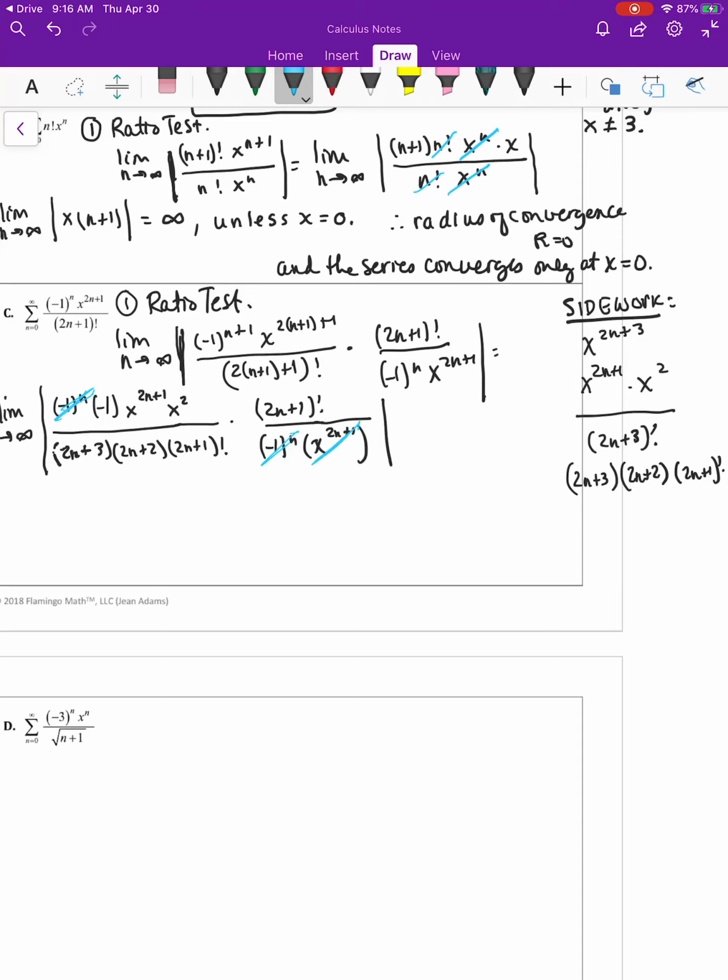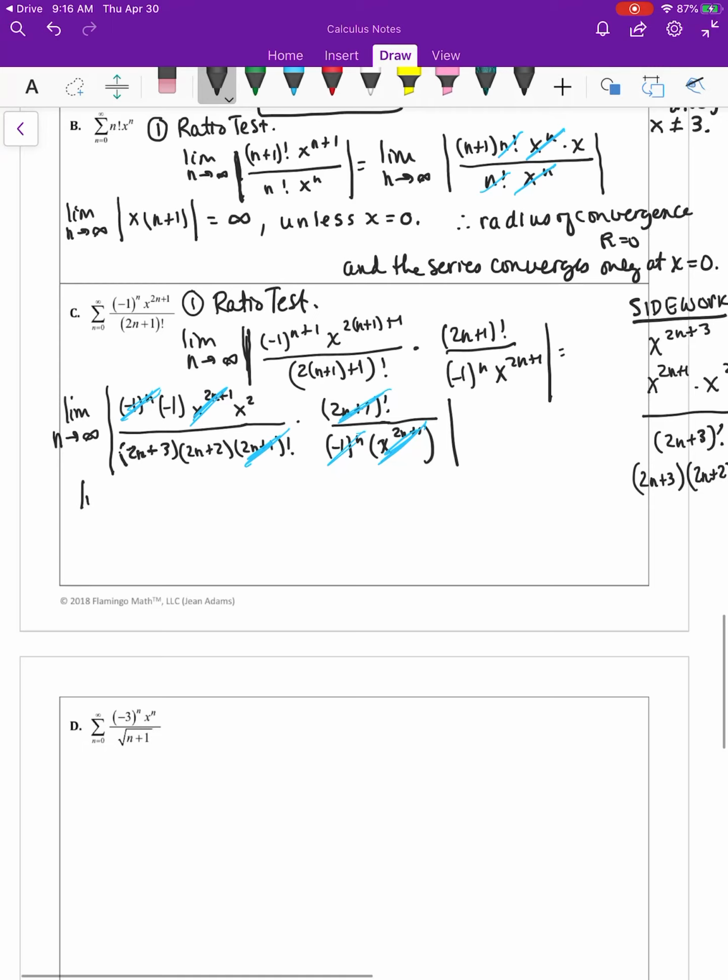Okay, so now what can I cancel? I can cancel my negative 1 to the n. I can cancel my x to the 2n plus 1, and I can cancel my 2n plus 1 factorial.